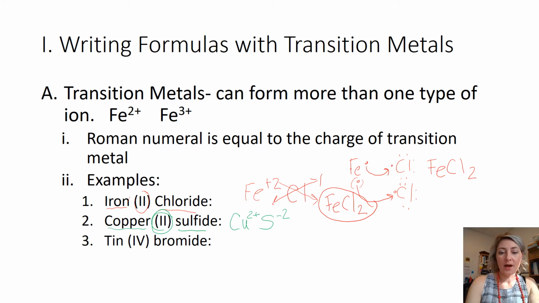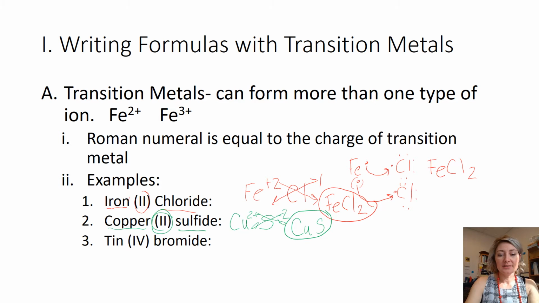So now I just simply drop and swap, and when I do that, I get Cu2S2. Well, shoot, the subscripts are equal to each other. That tells me, because they're both divisible by 2, that really I only need these in a 1-to-1 ratio. So I'm going to make sure that my final answer does not have any subscripts, because they were the same subscript. So it's a 1-to-1 ratio.